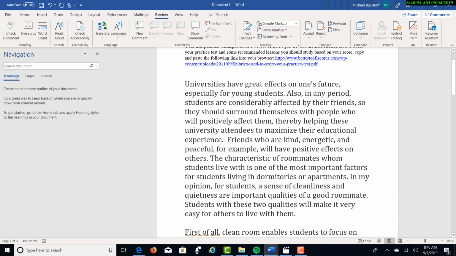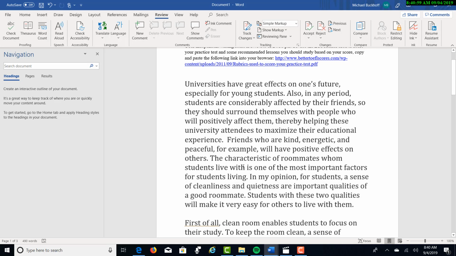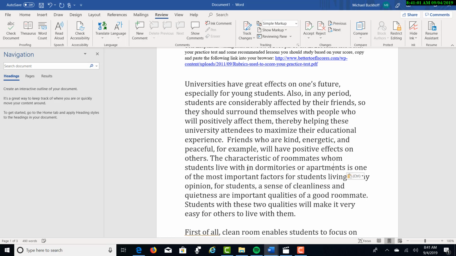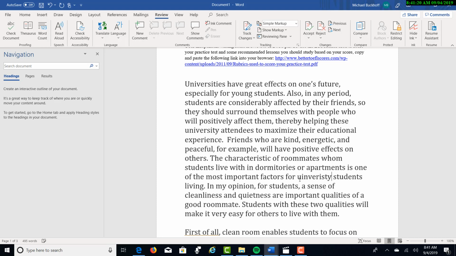We have to make this a little more, I need to make this a little more concise. So the characteristic of roommates whom students live with in dormitories or apartments is one of the most important factors, how about university success?